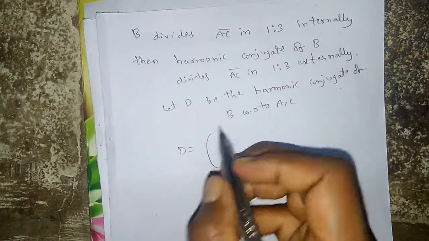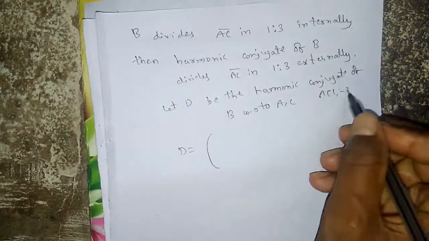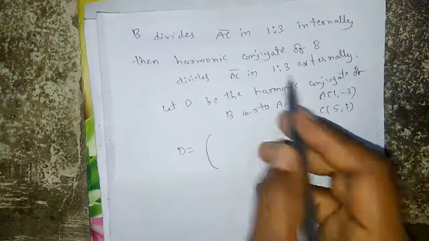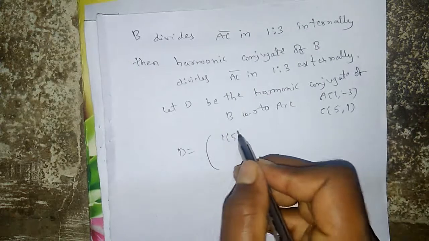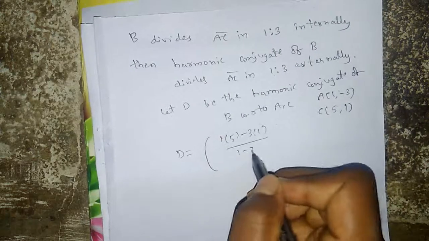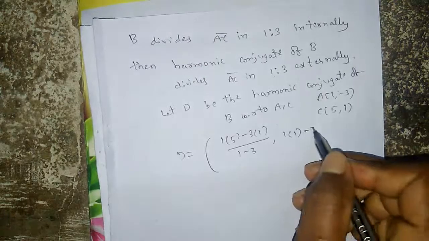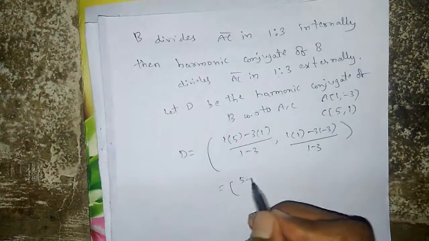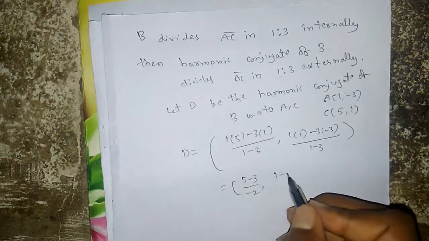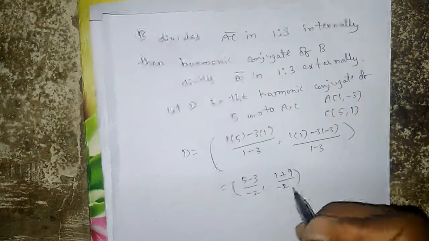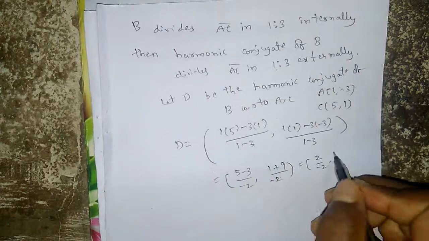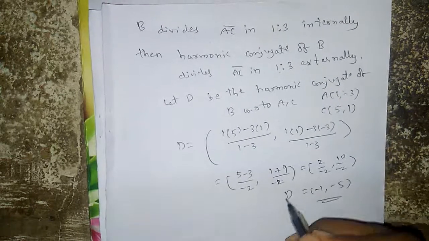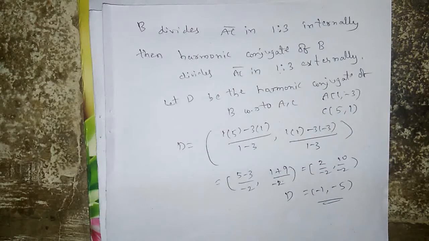Here A is 1 comma minus 3, C is 5 comma 1, ratio is 1:3. It is 1 into 5 minus 3 into 1 by 1 minus 3, 1 into 1 minus 3 into minus 3 by 1 minus 3. That is 5 minus 3 by minus 2, 1 plus 9 by minus 2, that is equal to 2 by minus 2, 10 by minus 2. That is minus 1 comma minus 5, the harmonic conjugate of B with respect to A comma C.